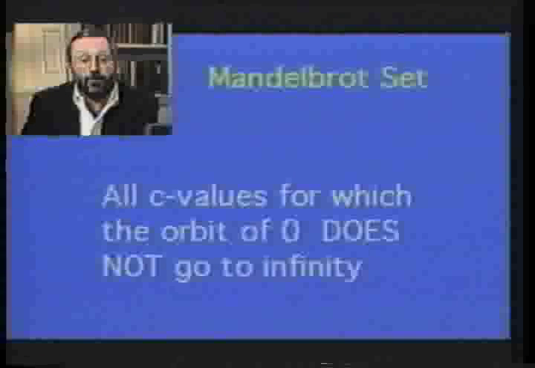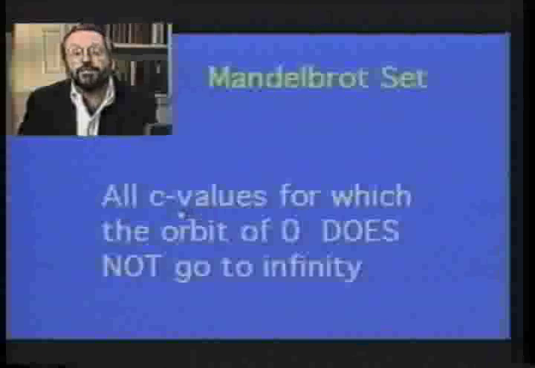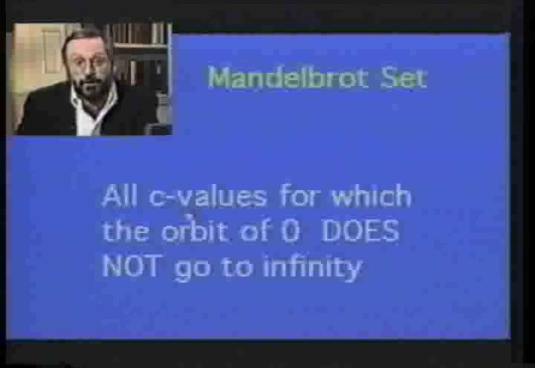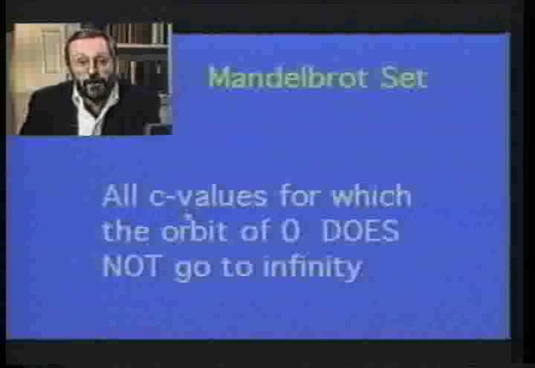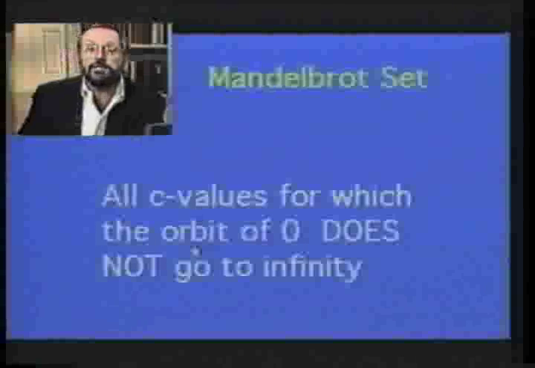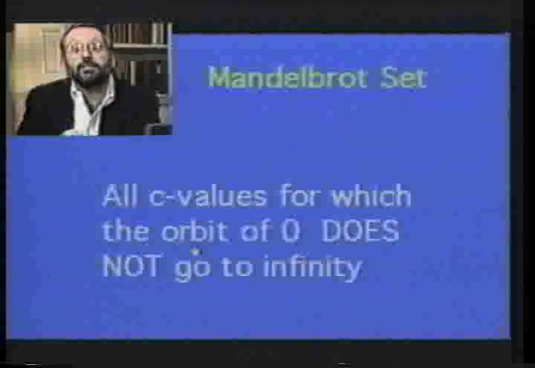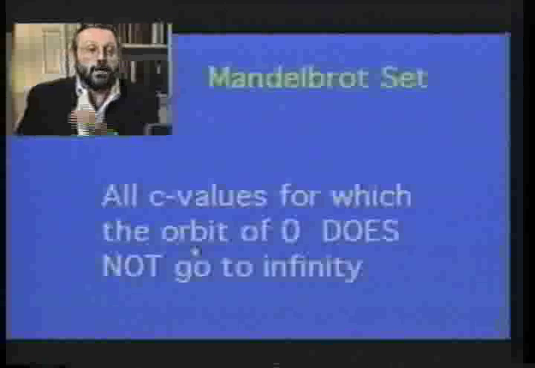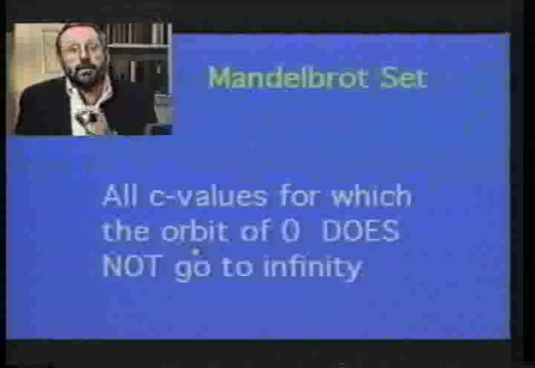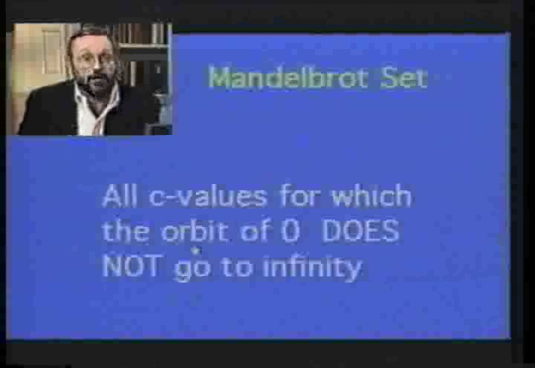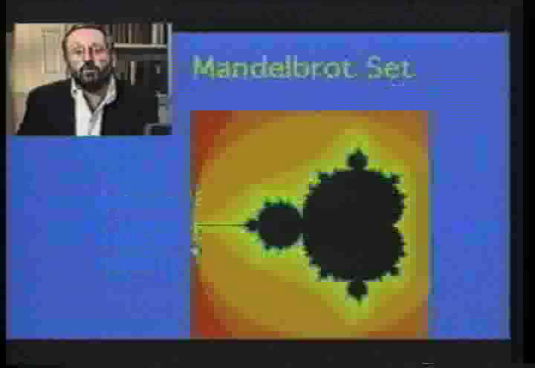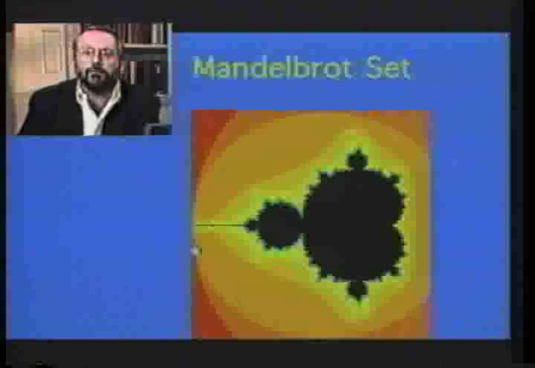Let me say that again. The Mandelbrot set is a picture of the c values in x squared plus c, having the property that if you compute the orbit of 0 for x squared plus that c, that orbit does not go to infinity. It may go to a fixed point, it may cycle, it may behave chaotically, but it does not go to infinity. So let's look at the Mandelbrot set.